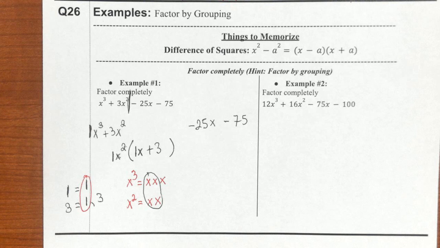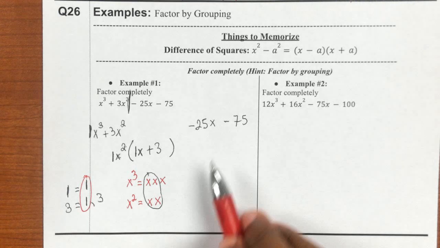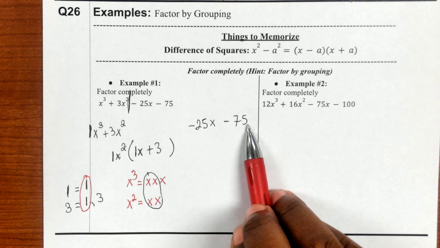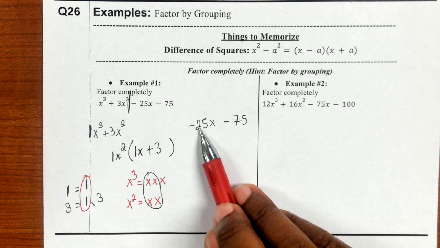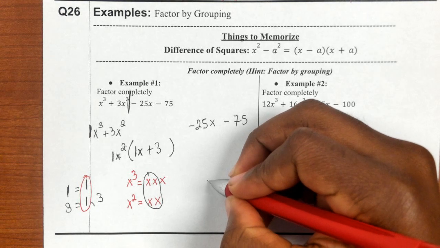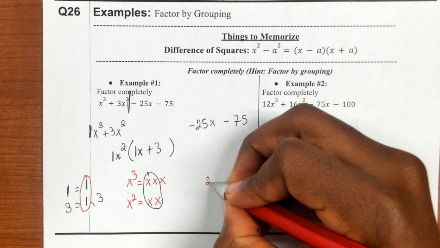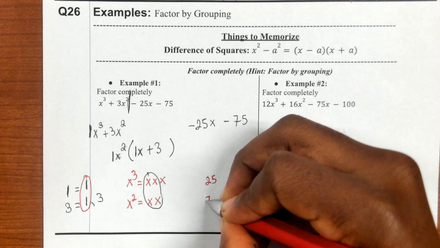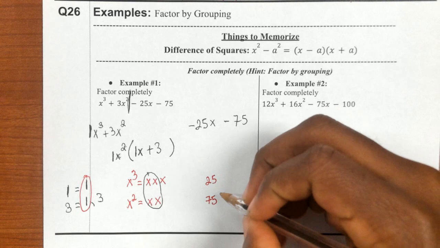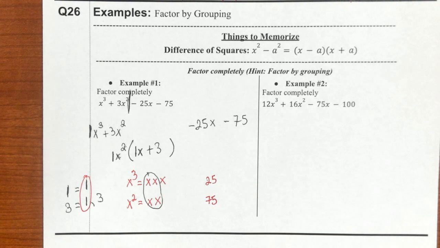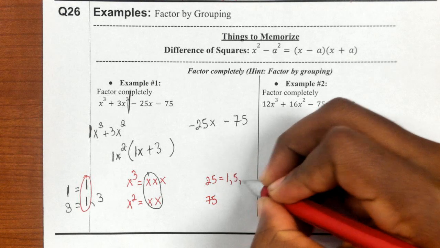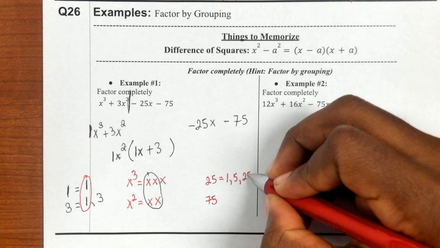By a glance, guys, I can already realize that they both do not have x's. So will they have x's in common? No. Now let's look at the numbers. We have negative 25, or let's just look at the 25. You're going to list out all the numbers you can divide 25 by, which are 1, 5, and 25.